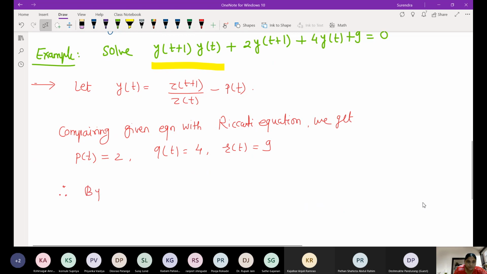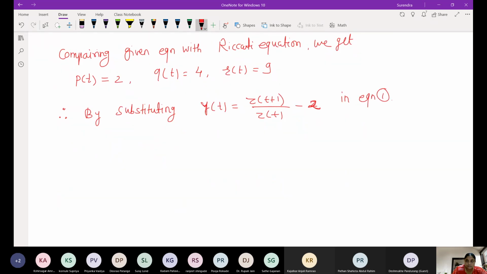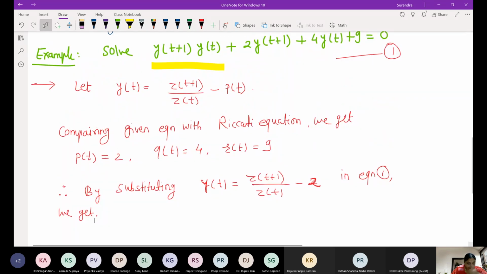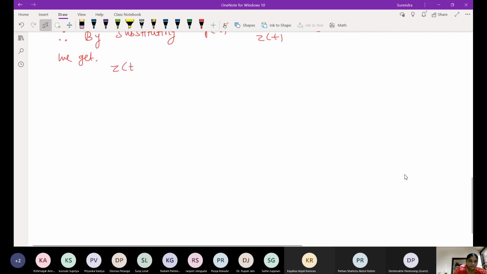Therefore, by substituting y t is equal to z at t plus 1 upon z t minus 2 in equation 1, we get, simplify it, z at t plus 2 plus 2 times z at t plus 1 plus z of t is equal to 0.